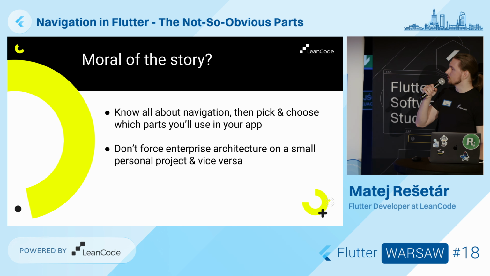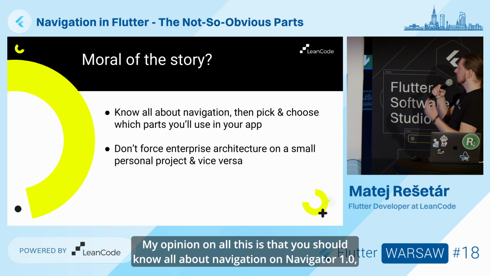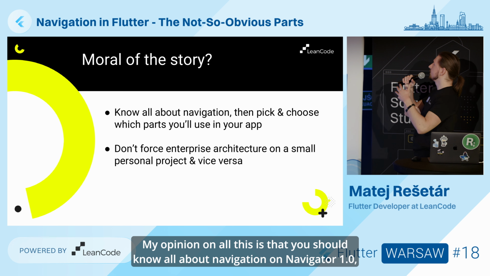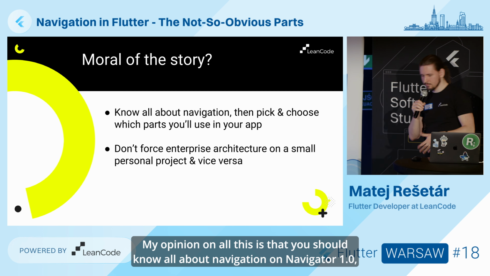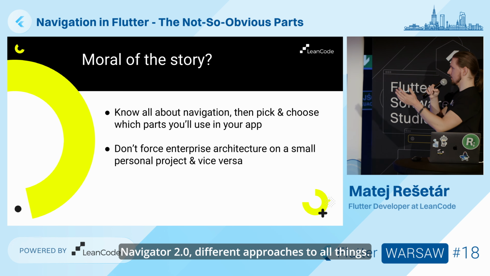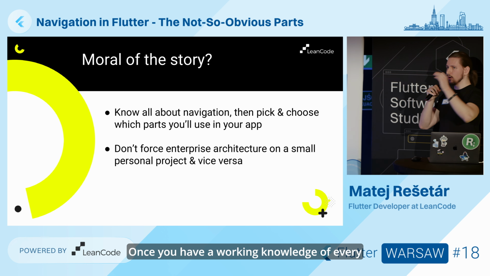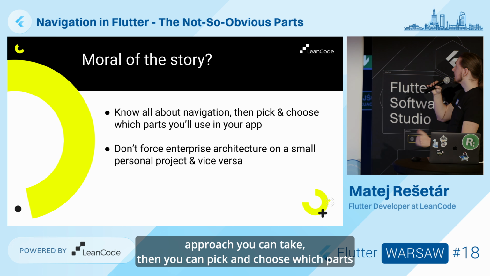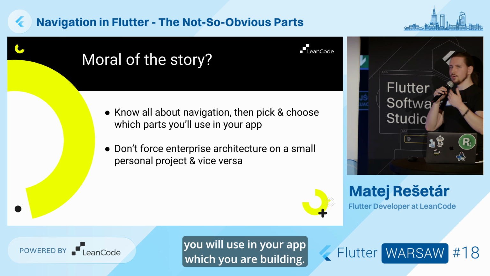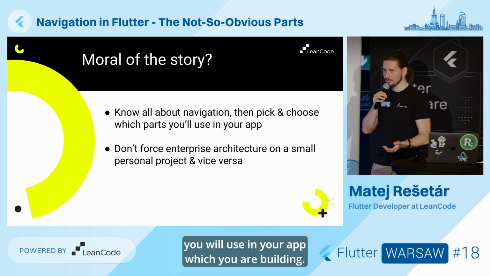My opinion on all this is that you should know all about navigation in Navigator 1.0, Navigator 2.0, different approaches to all things. And once you have a working knowledge of every approach you can take, then you can pick and choose which parts you will use in the app you are building.